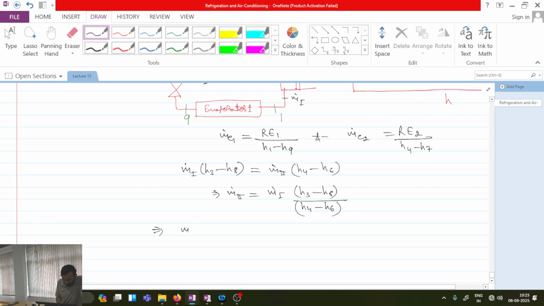A few more things. m dot 1 will always be equal to m dot E1. Are all correct with this? Agreeing to this? Okay, the mass handled by this compressor will be nothing but the mass flowing through evaporator 1.